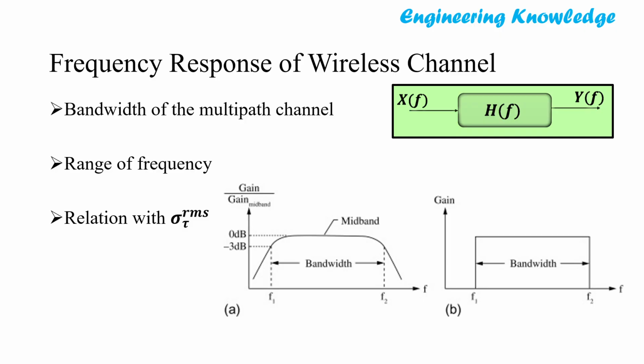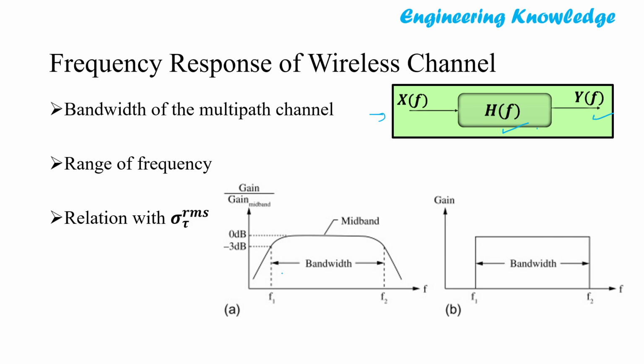Therefore, if we now want to check the bandwidth of the system, or basically the frequency response of the multipath channel, then this will be modeled with input in the frequency domain X(f), output Y(f), and this as the frequency response.